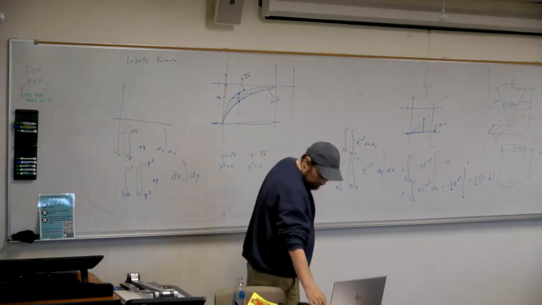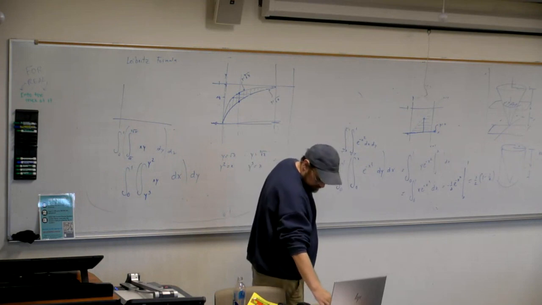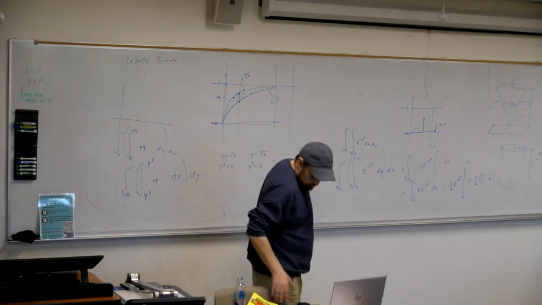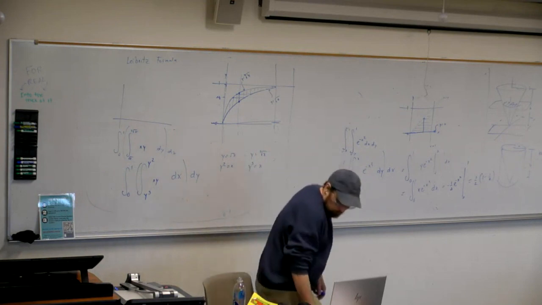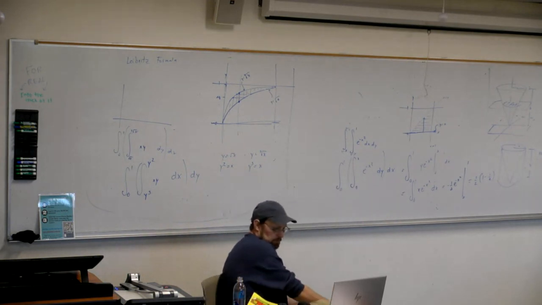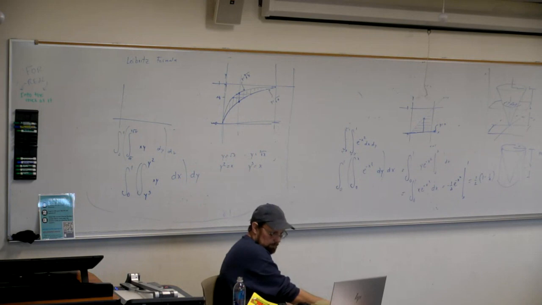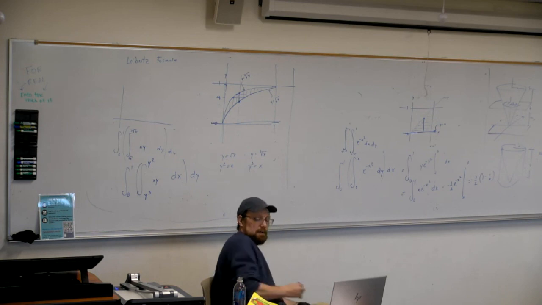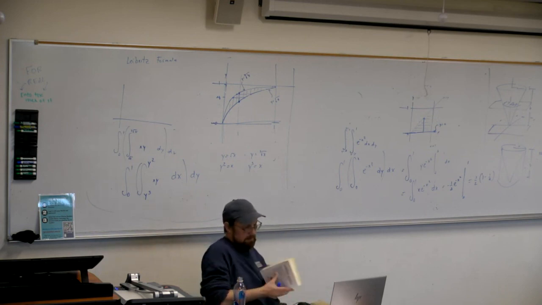What else is there? I don't see anything else on the wall. 3.6, 3.7. Now that's just showing the function satisfies the differential equation. Oh, I know why he did that.